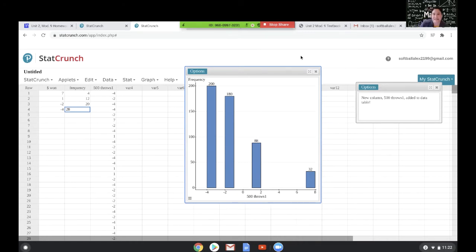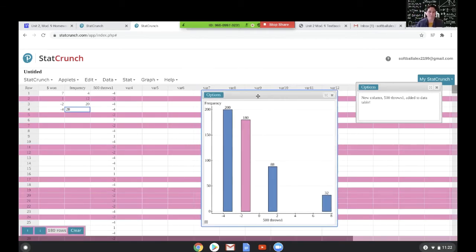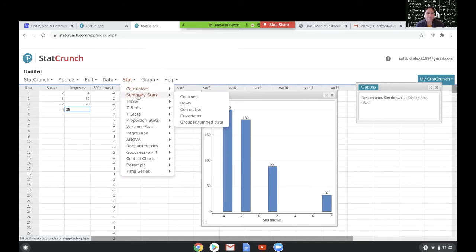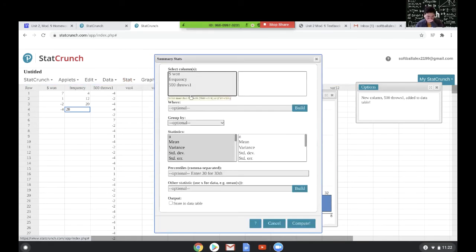And now you go to stat, Alexandria. So go on over to stat and summary stats, columns, and then the 500 throws again. And you want your mean and your standard deviation. So you'll click control or something to hold that down. There you go.